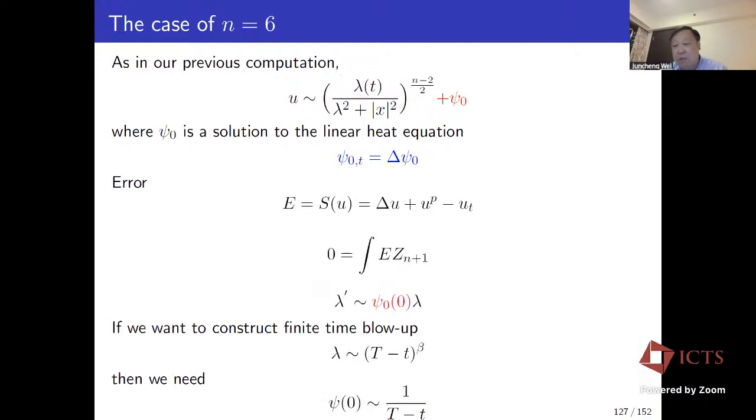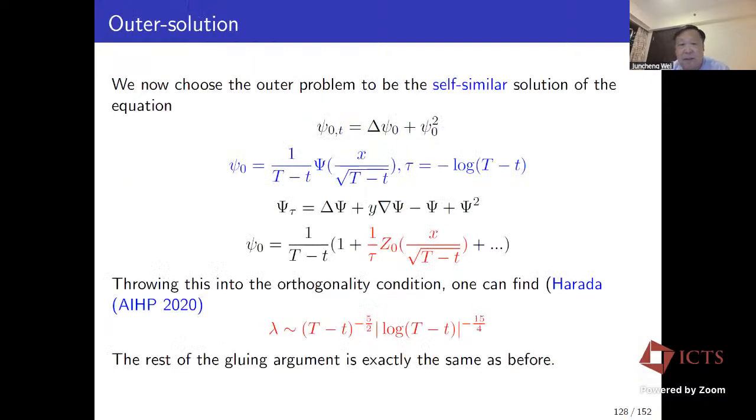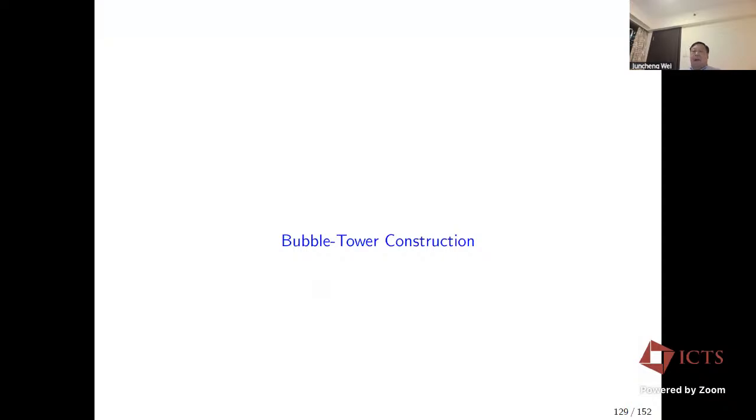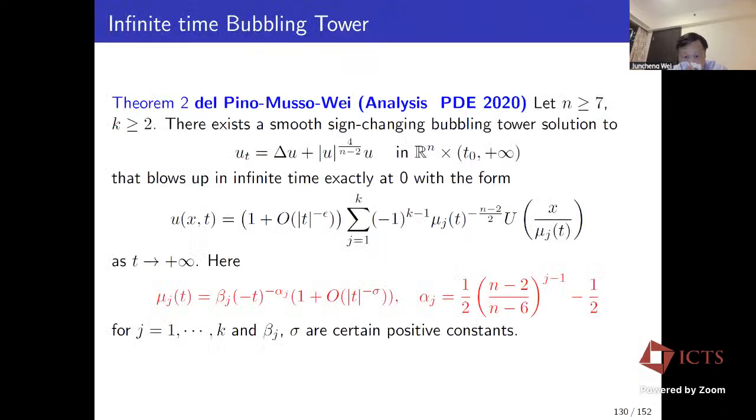Now in the remaining time, I have a few minutes. I want to discuss another type of construction, which is the bubble tower construction. So in this paper with Manuel del Pino and Monica Musso, we show that for n greater than 7, you can construct solutions with sign-changing bubble tower.